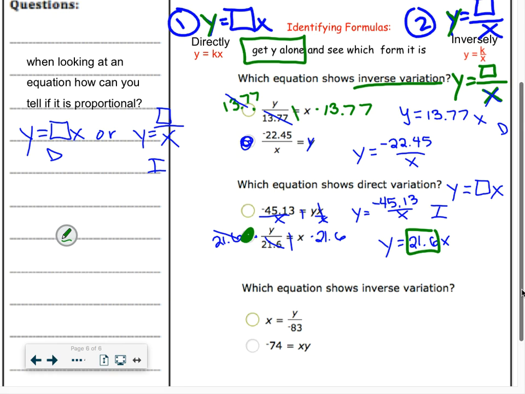Now, some of you might notice a pattern. By all means, go for it. However, when we do some practice time here, there is a pattern that some of you are going to catch on to. If you're not 95% accurate with your pattern, you need to do the algebra. Okay? I want you to do the algebra.